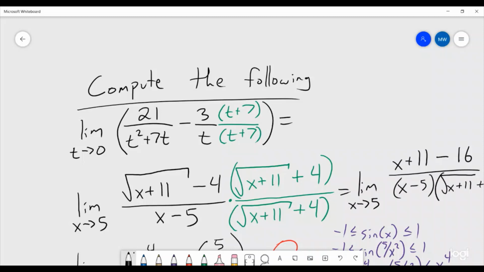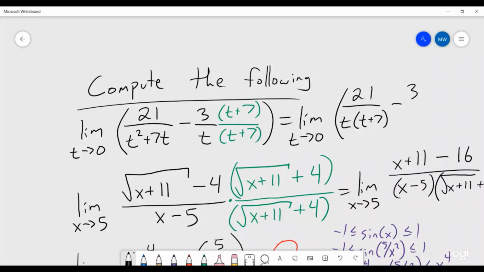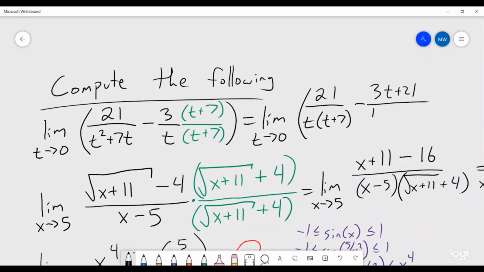So this is now the limit as t goes to 0 of 21 over t times t plus 7, minus, let's see, 3t plus 7 becomes 3t plus 21, all over t times t plus 7.